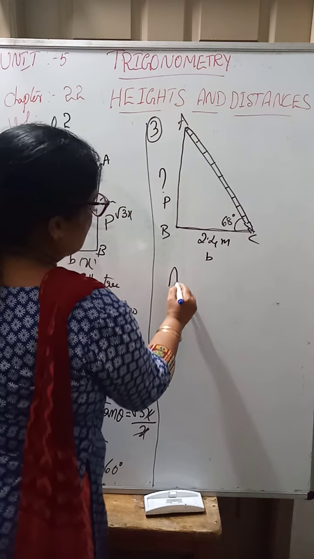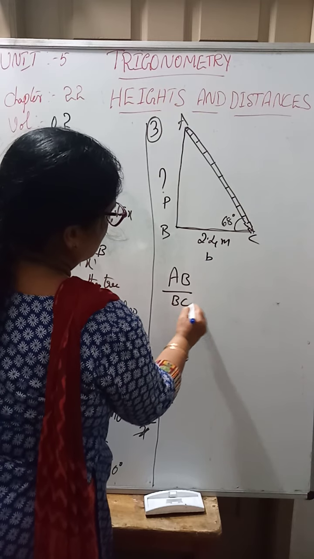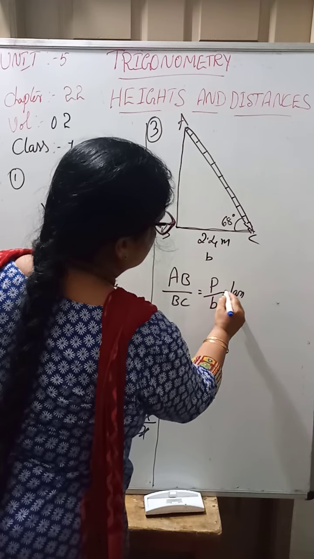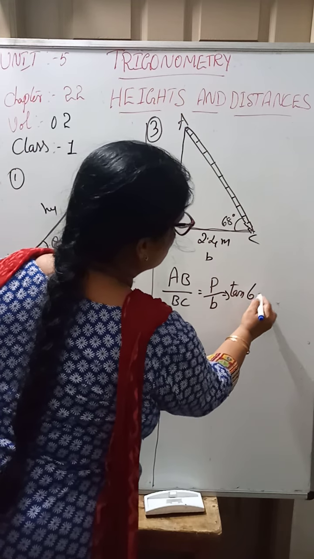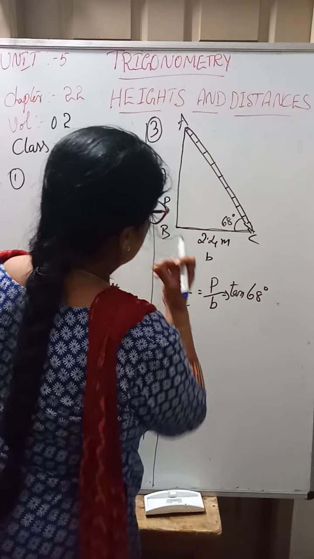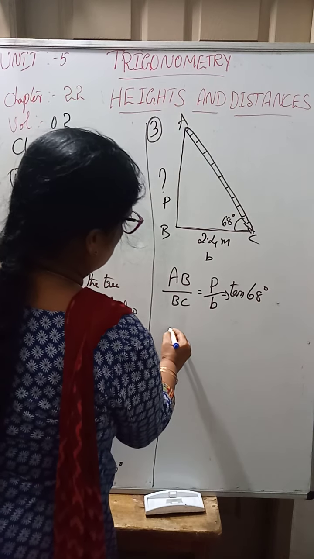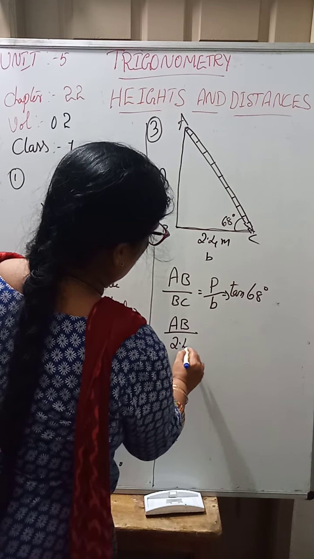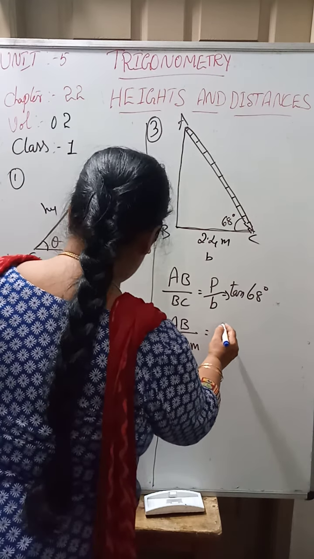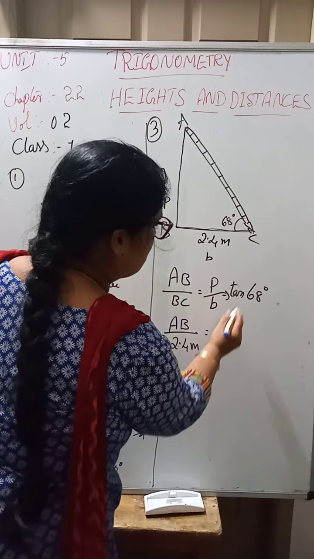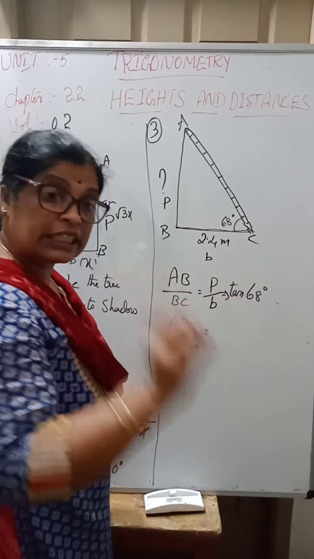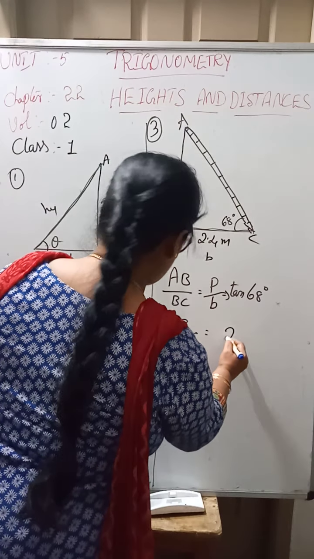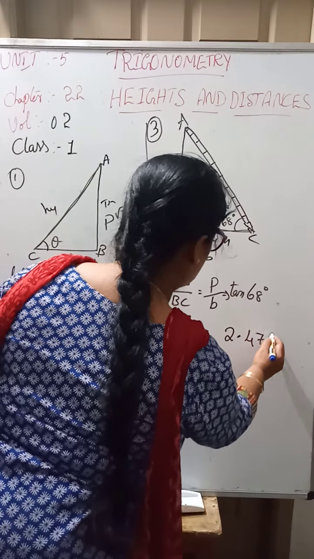Now we know well AB by BC, that is nothing but perpendicular by base, tan. What is the angle? 68 degrees. What is AB? We don't know. AB by BC is 2.4 meter, and the value of tan 68 degrees, when you find it from the Clark table, please go through it and check it out, is 2.475.